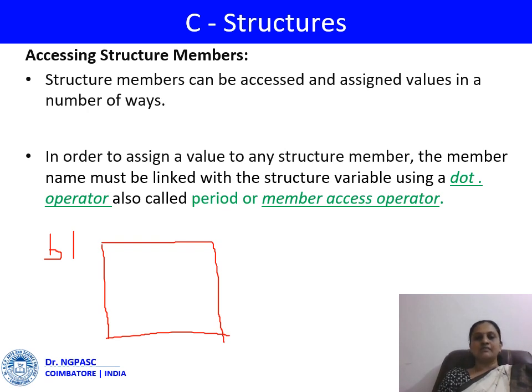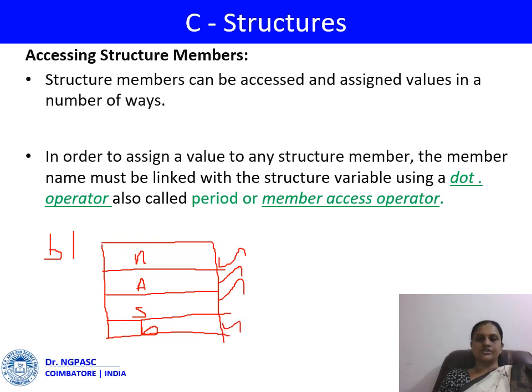In that book, we have four different structure members. One is the name, another is the author of the book, the third is the subject, or the stream to which the book belongs, and the last one is the book ID. This is how the memory will be allocated. For the name, 50 bytes will be allocated, then for author 50, then for subject 50, and for the book ID, consider 10.